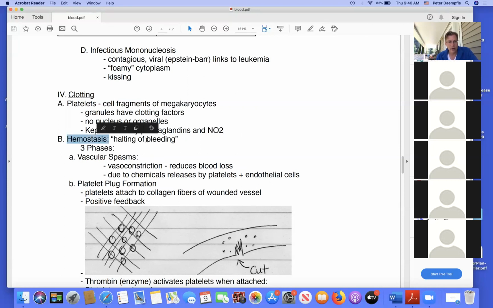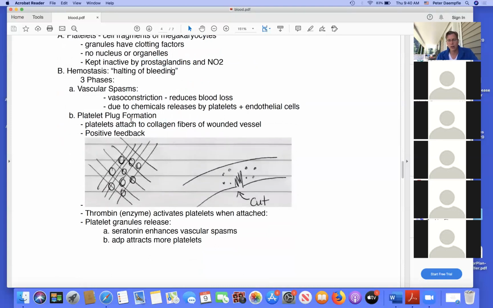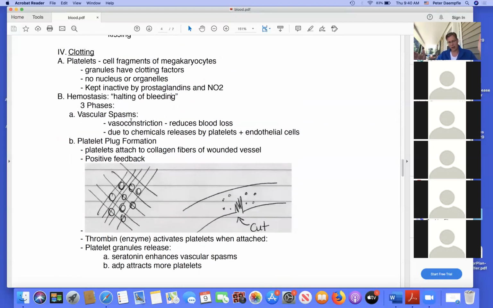Hemostasis, that is their main function, halting of bleeding, and it occurs in 3 phases, all right? First, what's hemostasis? You get cut. Here's the picture. You get cut, and what's on the left? A clot. You got a clot. So step 1 of a clot is a vascular spasm.